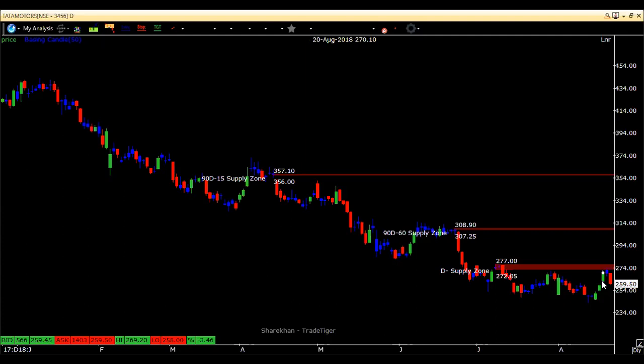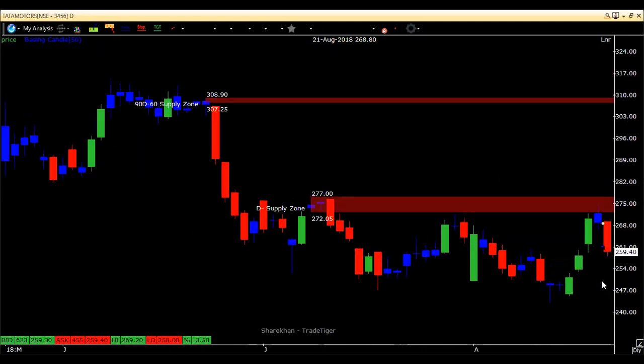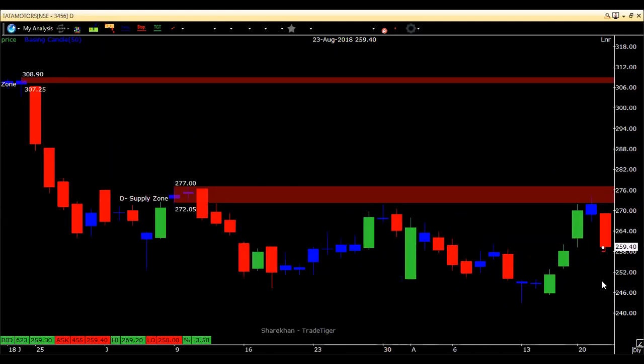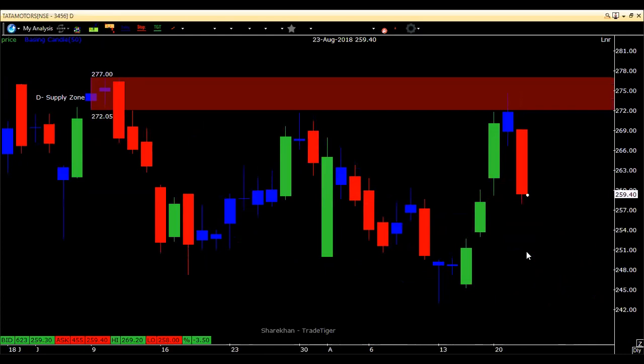The question usually arises: is this a trend reversal, or is it just a retracement, and could the downtrend further continue? So let me show you a zone which has recently worked very well. I'm just zooming into this area here.